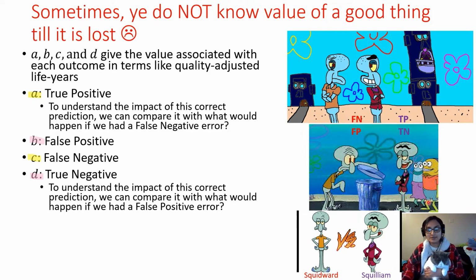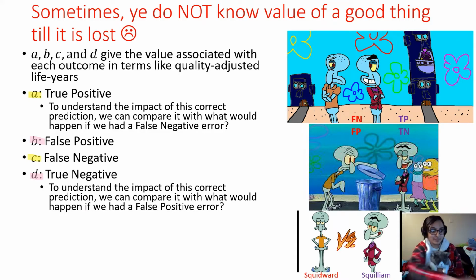And why should we care about a true negative, correctly predicting someone who does not have the condition? Well, if for people who do not have the condition, we instead say that they have the condition and make a false positive, it has a slew of effects. That's why for true positive A, we compare it with C, the false negatives.